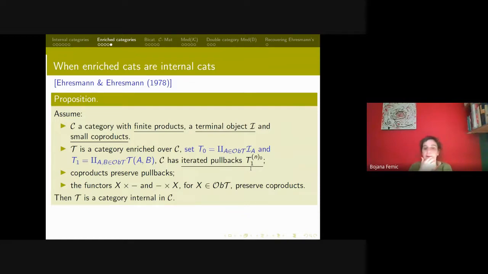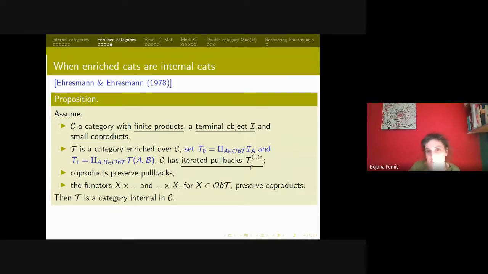In their theorem, they don't say iterated pullbacks, they just require existence of any pullback. But I stress iterated because in dimension 2, Grandis and Paré use this iterated, because in higher dimensions, it is more difficult to have existence of general pullbacks, but you often do have pullbacks which are iterated.